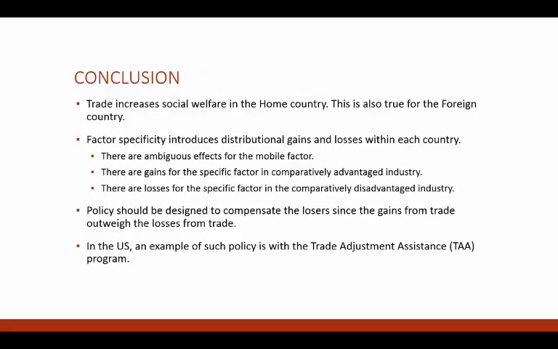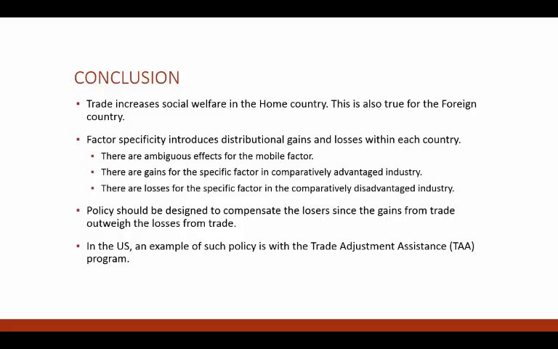To conclude, the introduction of factor specificity into the model does not change the central result that trade increases the welfare of the countries involved in the aggregate. In our focus on home, we see this. However, factor specificity suggests that there are clear within-country income redistribution effects from trade, creating winners and losers in the process. Owners of the specific factor in the comparatively advantaged industry unambiguously gain. Owners of the specific factor in the comparatively disadvantaged industry unambiguously lose.